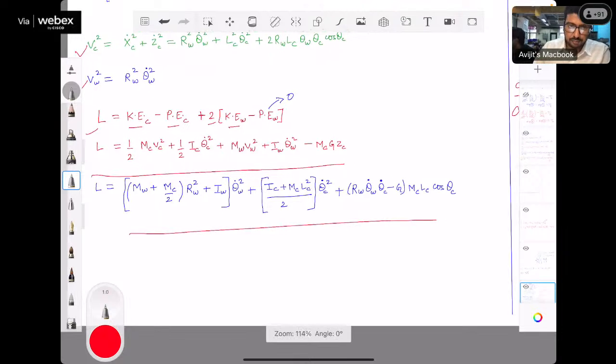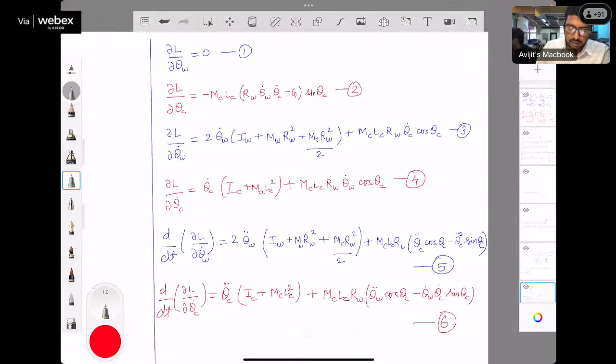the Lagrangian function, we do partial differentiation like this, del L by del theta W. First of all, what are the states in our system? The states in our system are theta of the body, the angle of the body, the rate of change of the angle of the body, the angle of the wheel, and the rate of change of the angle of the wheel. Theta, theta W, theta W dot, theta C dot. Okay.